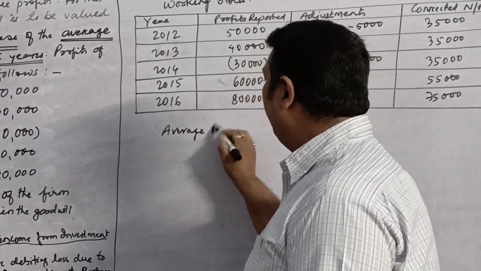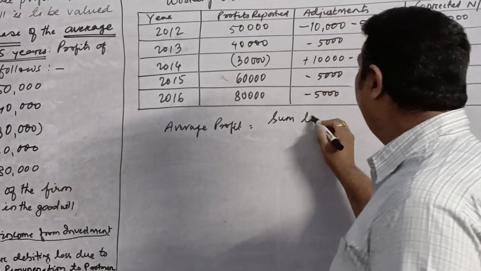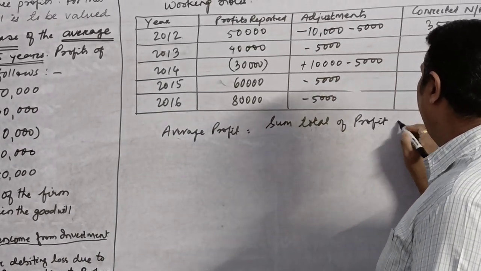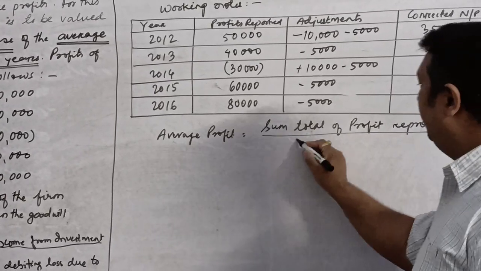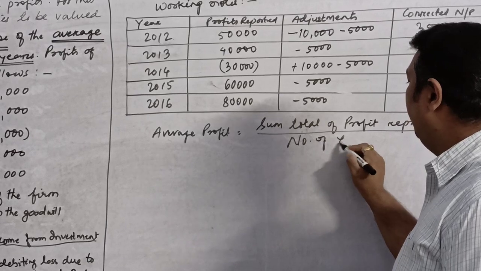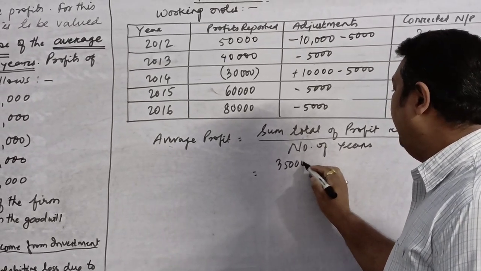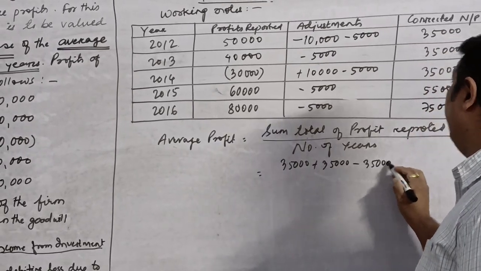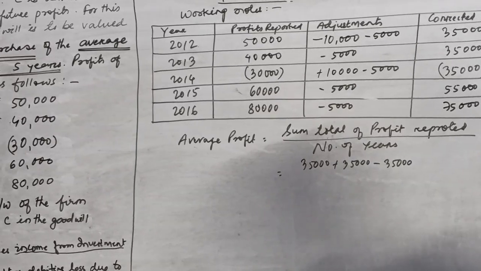Average profit is equal to the sum total of profit reported divided by the number of years. So over here we will be adding 35,000 plus 35,000 minus 35,000, because this is the loss of 35,000.